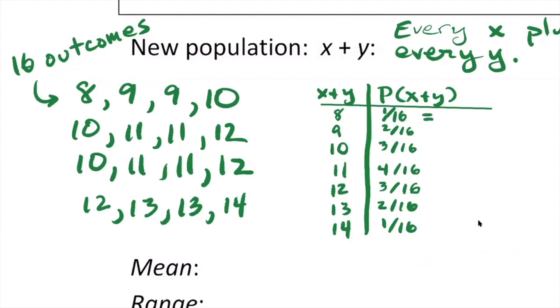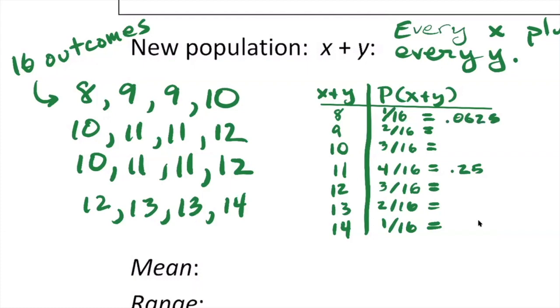So those are our probabilities. Unfortunately, I kind of need to do this in decimal. I know some of these. 4 out of 16 is 0.25. 3 out of 16, I don't know. Or maybe that's 1 out of 16. So 1 divided by 16 is 0.0625.